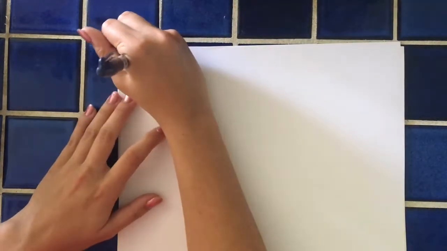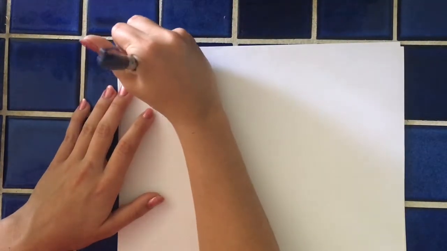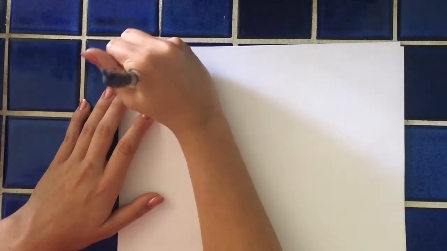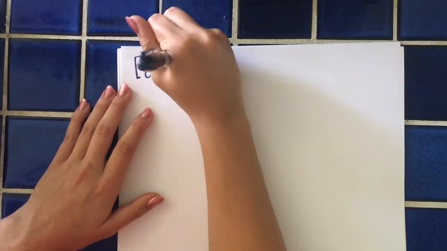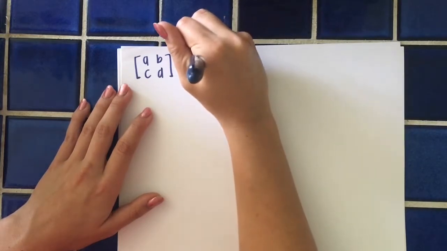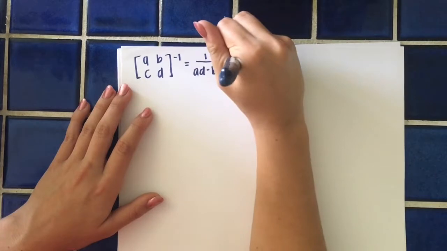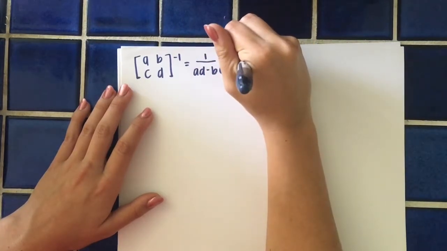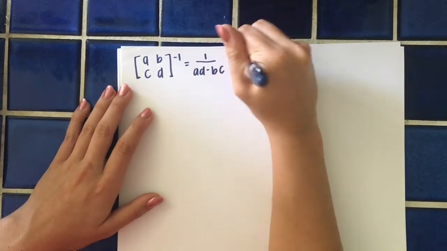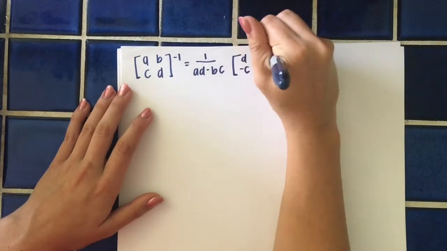I'm just going to rewrite it again, just in case I forget: the inverse of A, B, C, D equals 1 over AD minus BC times D, negative B, negative C, and A.